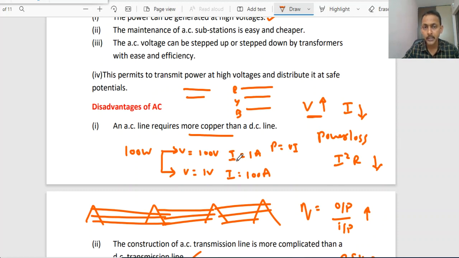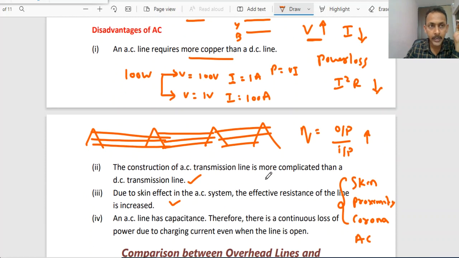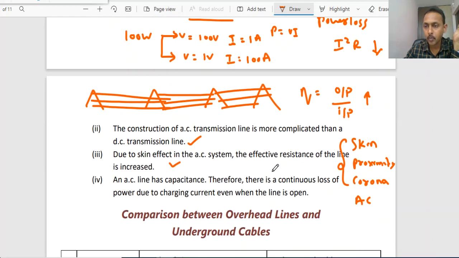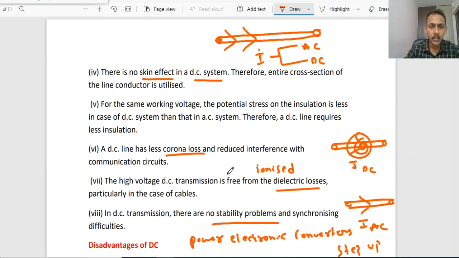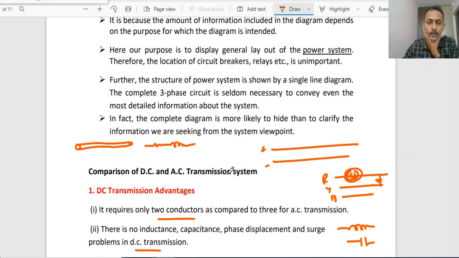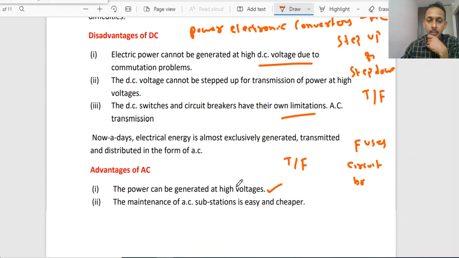I repeat again, dear students, AC requires more copper. Construction of AC transmission lines is more complicated, skin effect, proximity effect and corona will be more, and the line itself is going to have some capacitance, so it is going to lead to some loss of power. So these are the points with respect to DC transmission and AC transmission.